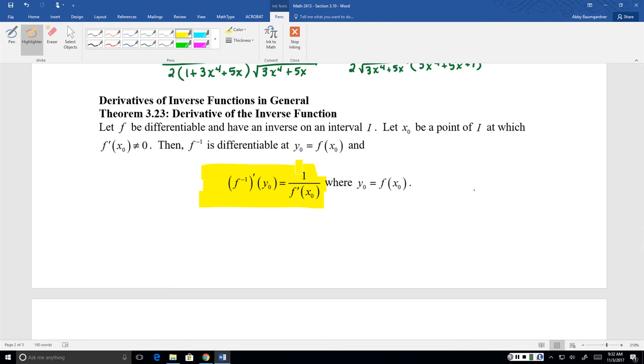So to understand this theorem, let's just think of some point on the graph of f, and that's sort of what they're telling you here. x naught, y naught lies on the graph of f.